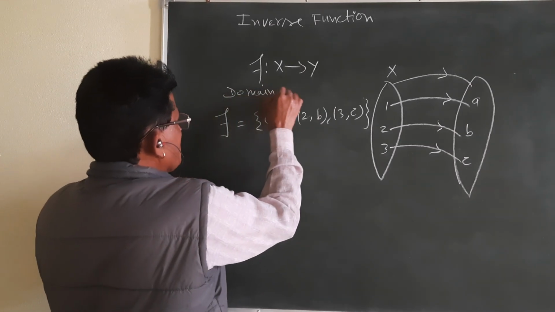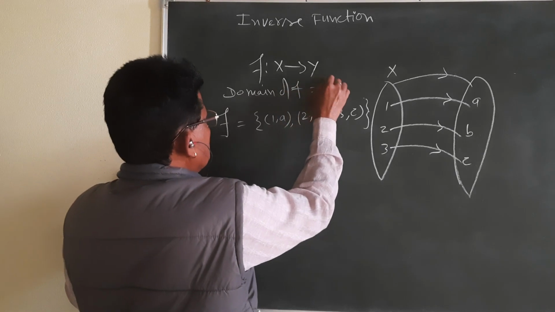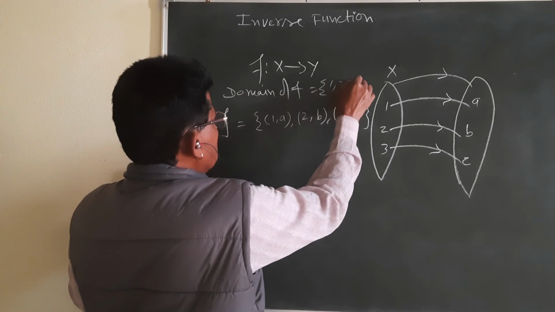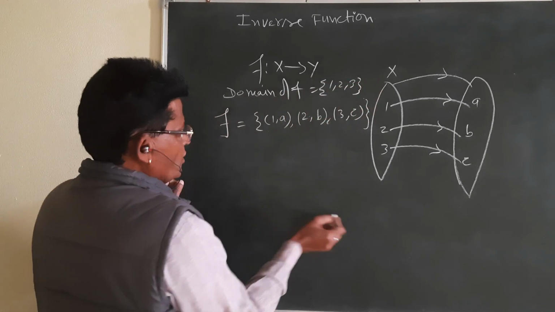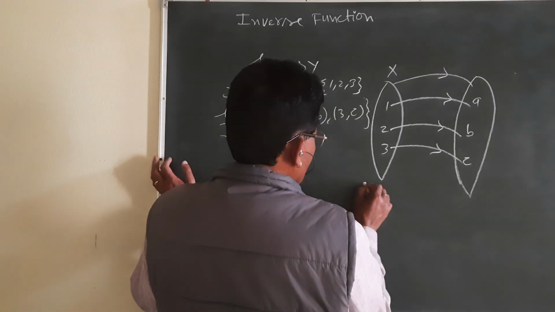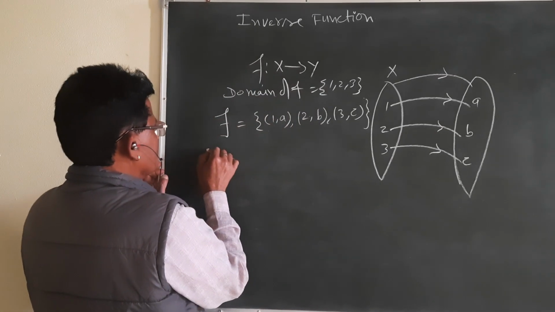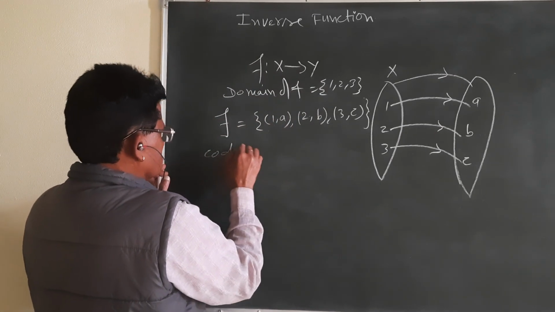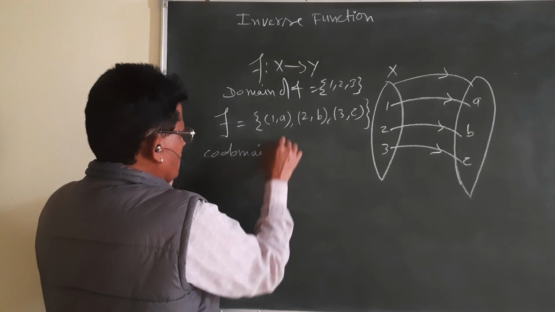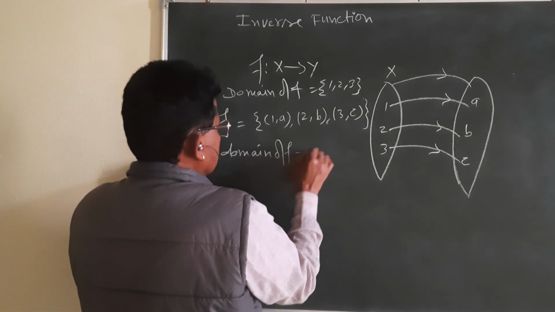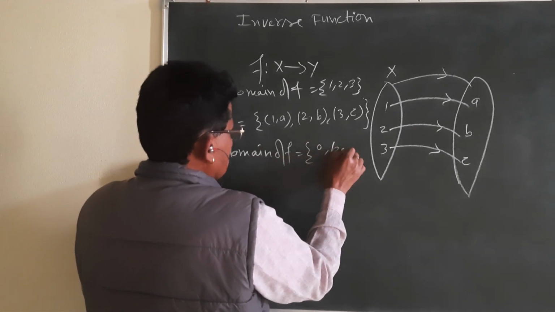Domain of f is equal to 1, 2, 3. And codomain of f will be equal to A, B and C.